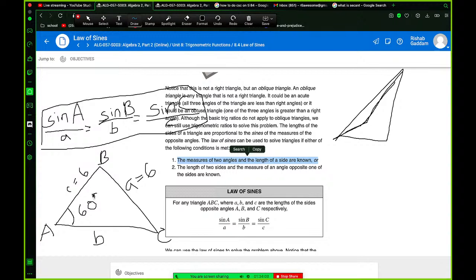I forgot the degree sign. So now we have the lengths of two sides. We have this side and this side, and we have the measure of an angle opposite one of the sides. This angle is opposite A.